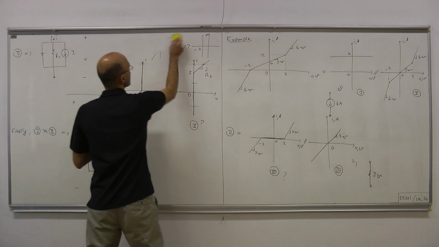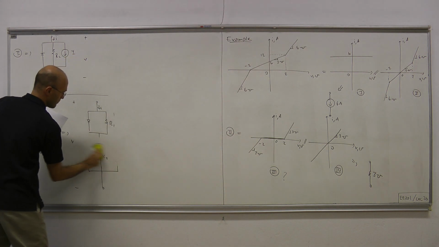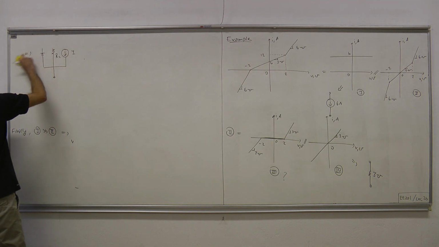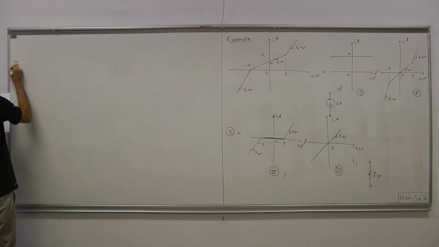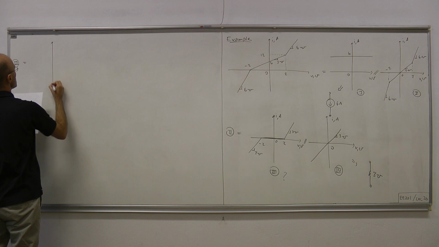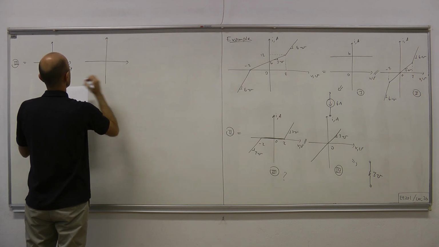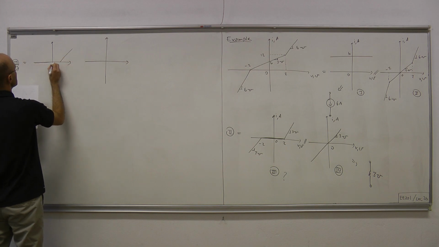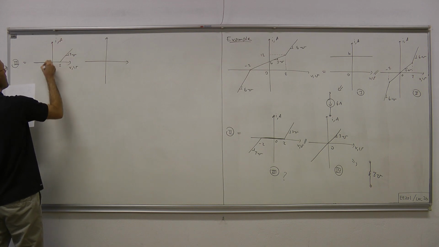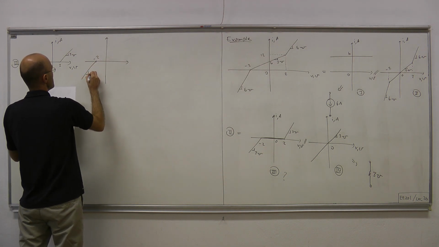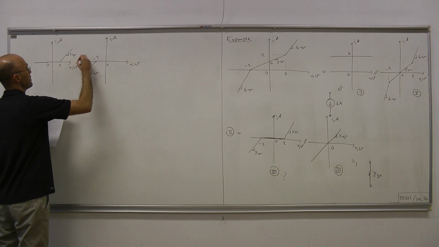Let's further decompose 3. 3 can be decomposed into 3 mhos V, I, N, and minus 2, 3 mhos, and the connection is parallel.